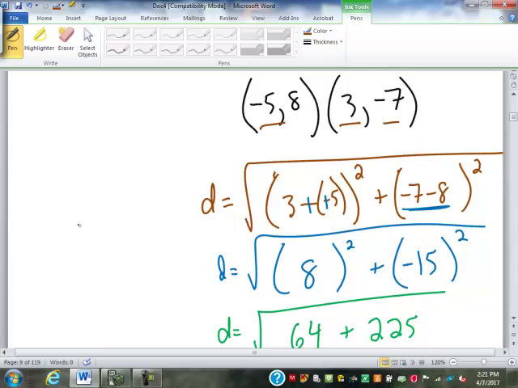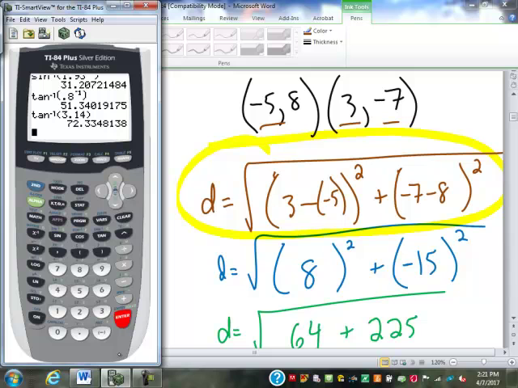Now I'm going to go back up here. Once we had this entered in here, we can use the calculator to do this for us. So all we can do is just put in square root. I do have to do parentheses, 3 minus, make sure I use the negative for 5 and not just another minus.